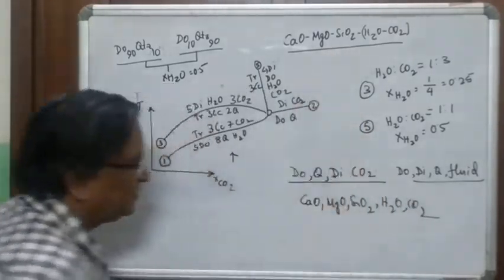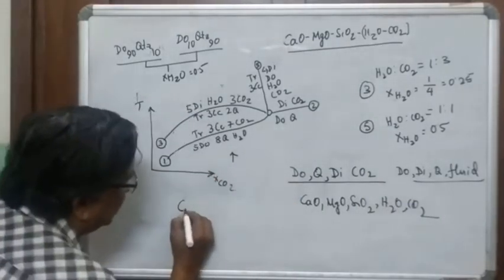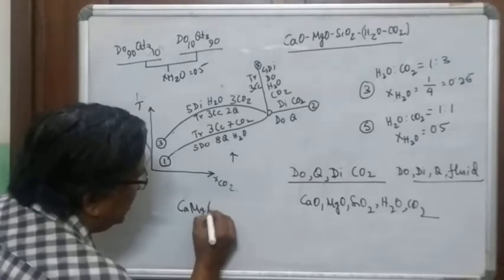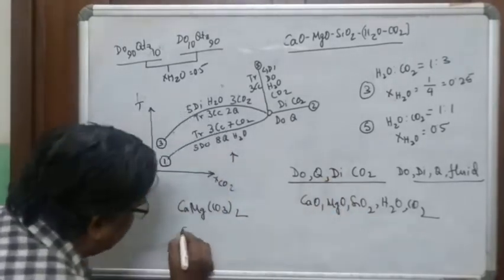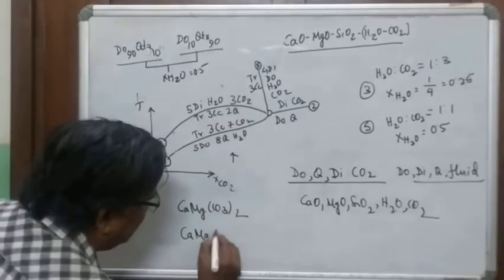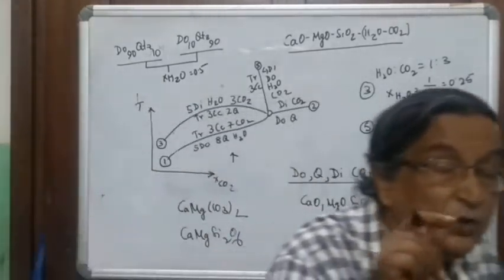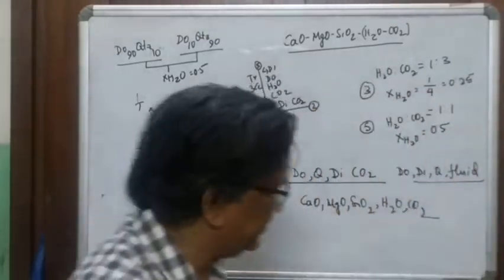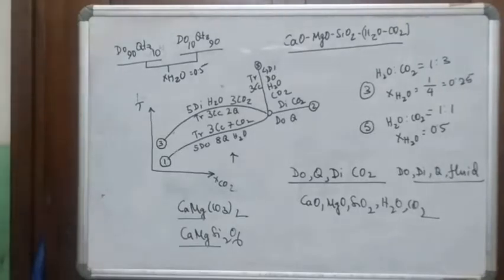Ask yourself, what is the formula of dolomite? CaMg(CO3)2. What is the formula of diopside? CaMgSi2O6. For components, you need the minimum number. So here you see 1:1.